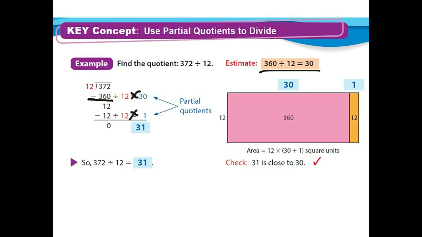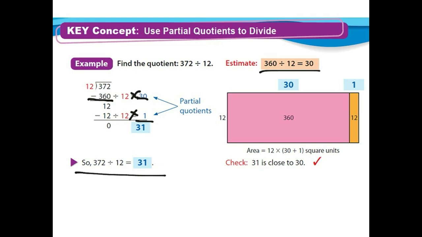So we do it a little different from them, but it's basically the same strategy. We just use multiplication instead of division. So 372 divided by 12 is 31. They do add up the partial quotients that they multiply by. Actually, they divide by, we multiply.